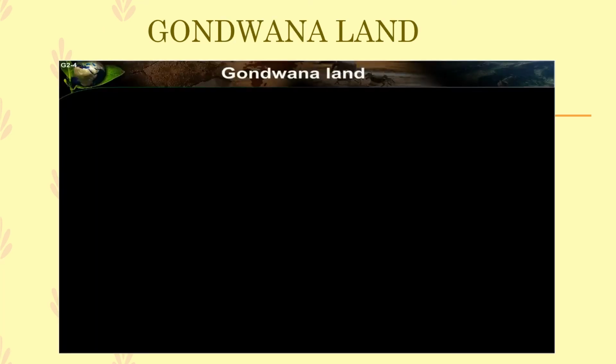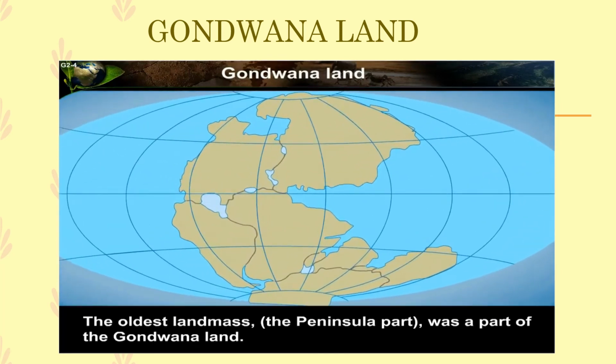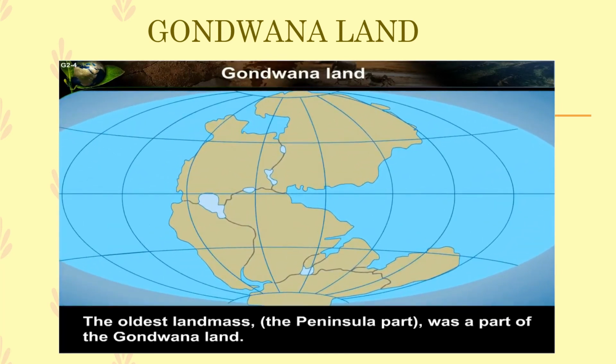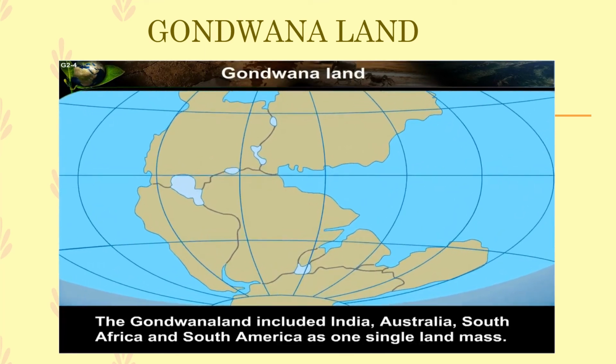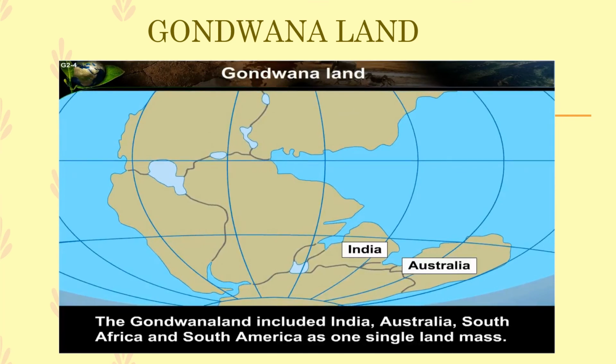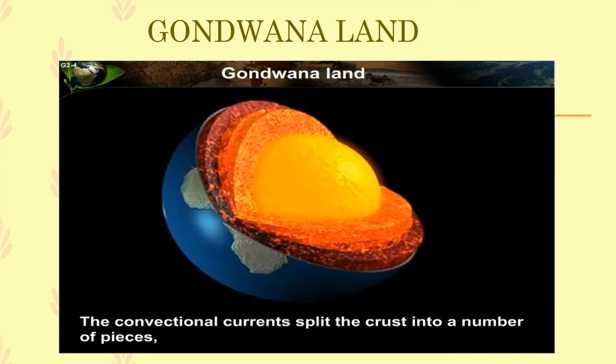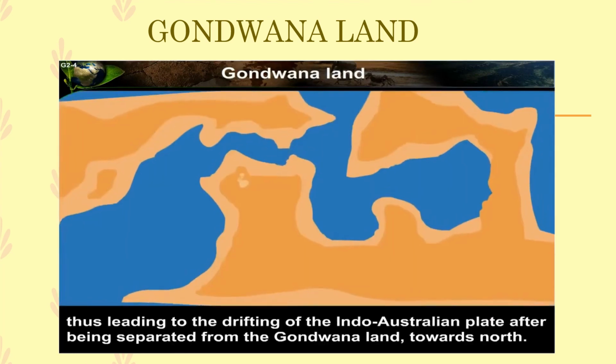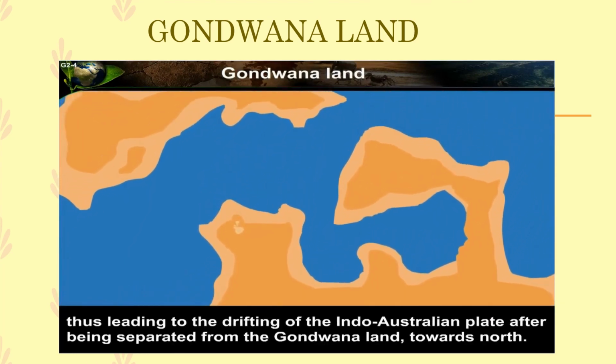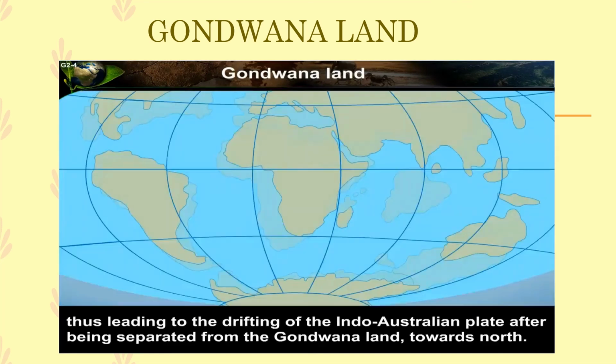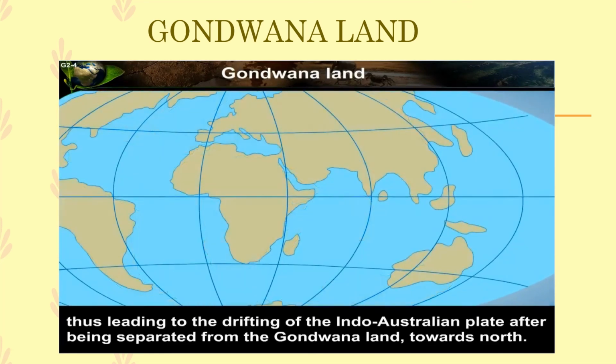Gondwana Land. The oldest landmass, that is, the peninsular part, was part of Gondwana Land. Gondwana Land included India, Australia, South Africa, and South America as one single landmass. Can you believe it? The convectional current split the crust into a number of pieces, thus leading to the drifting of the Indo-Australian plate northward after being separated from Gondwana land.